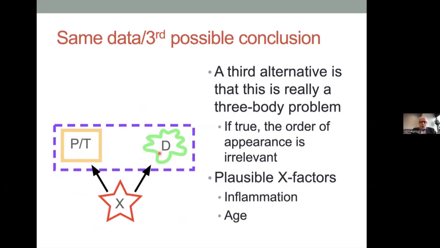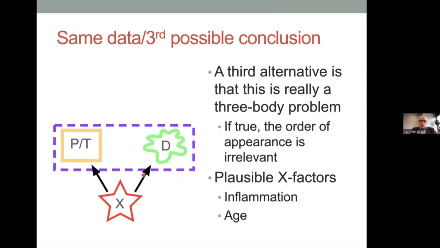Rather, it is caused by an outside factor influencing both. So what are plausible X factors? Well, inflammation certainly is one, as is age. And what, of course, this requires is that inflammation is separately capable of causing plaques and tangles and also dementia. And we certainly know that this is true. Most people would agree that this is true.